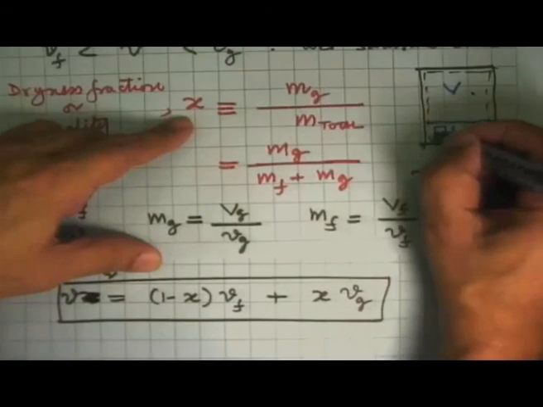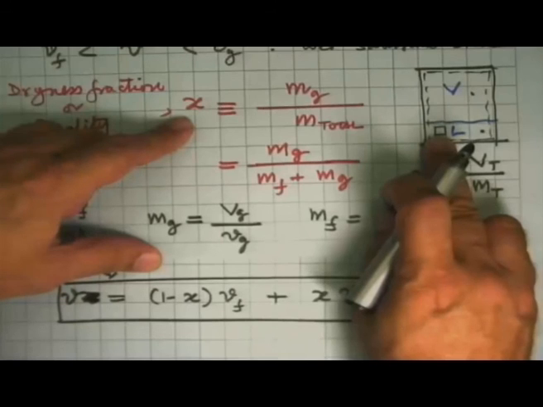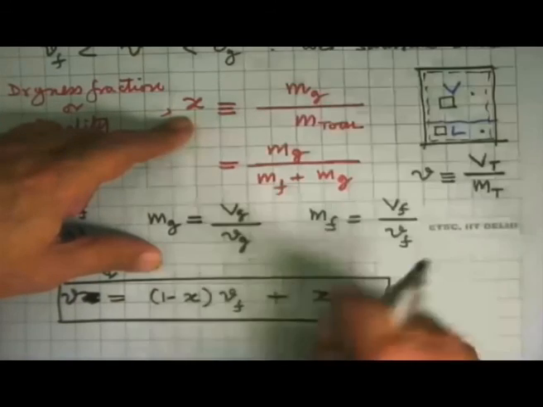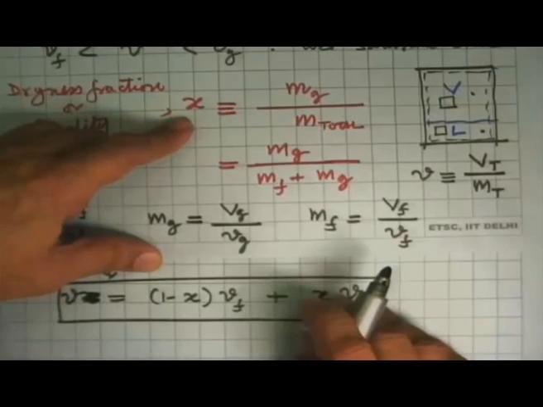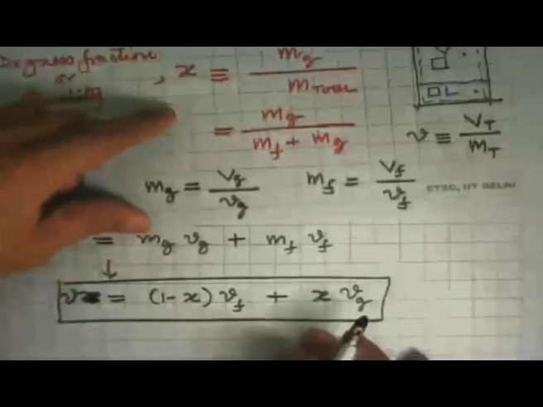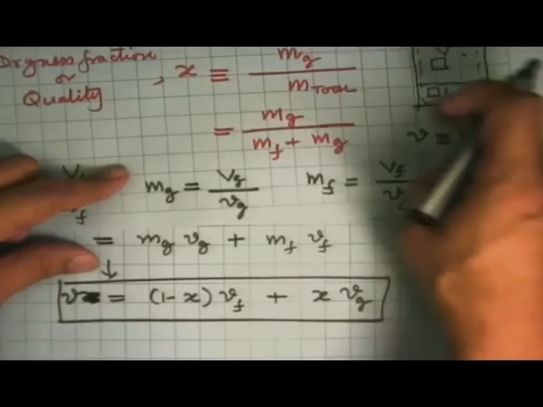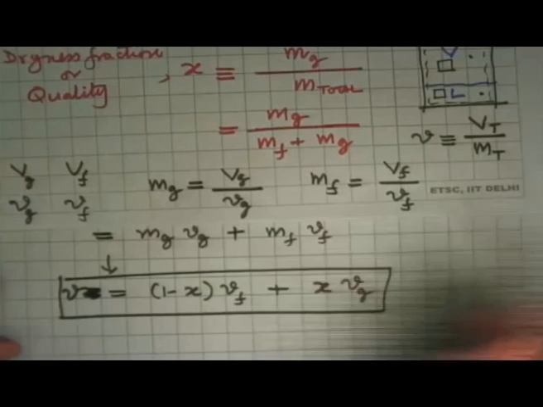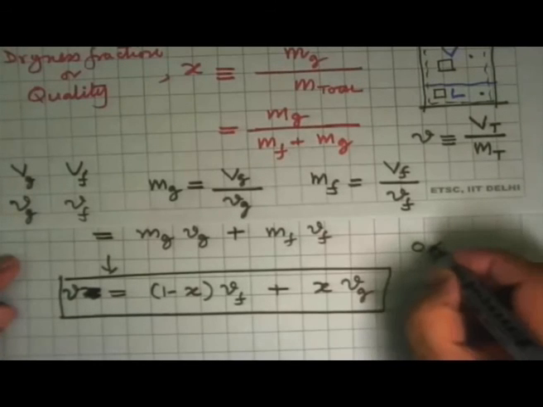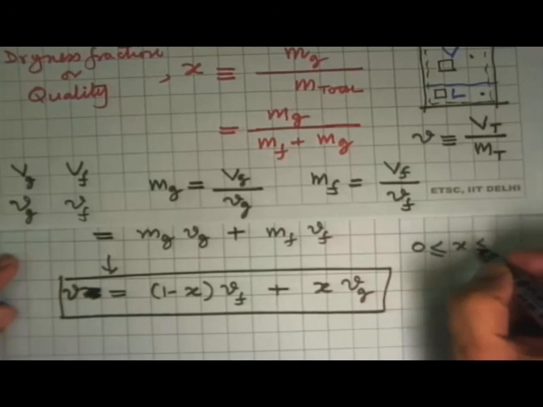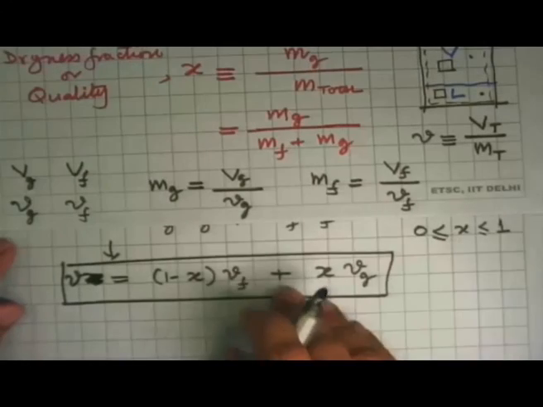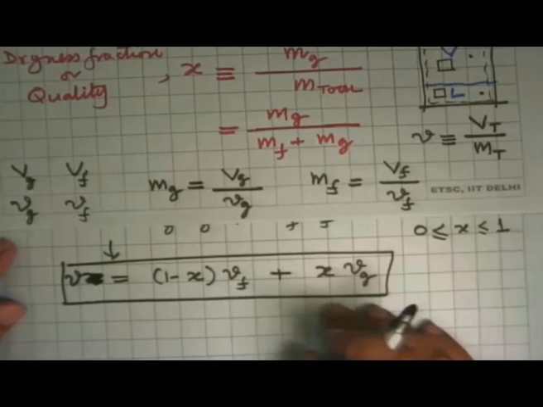Over here, x is equal to 0; it's a saturated liquid. Over here, x is equal to 1; it's a dry saturated vapor. But taken together in this whole system, we have a dryness fraction in between those two numbers. So x will always be between 0 and 1. x equal to 0 means saturated liquid, x equal to 1 means dry saturated vapor. So that's the independent property that we were looking at.